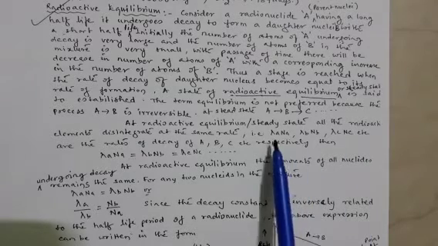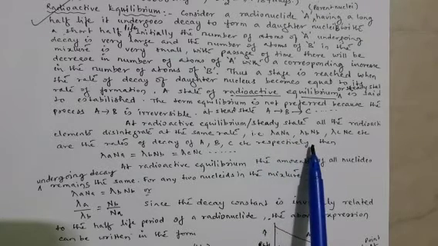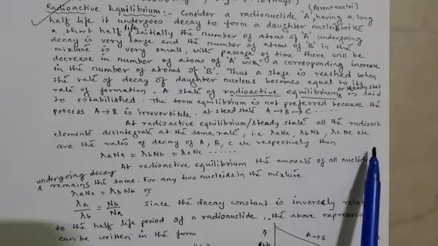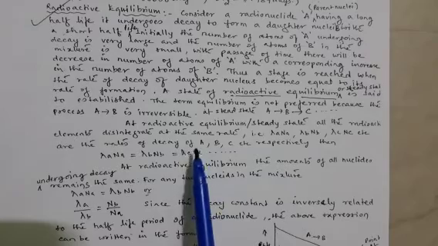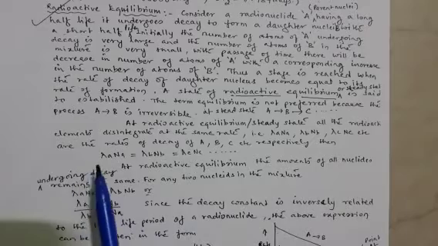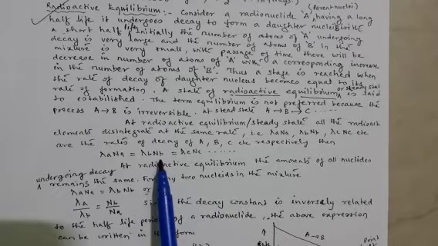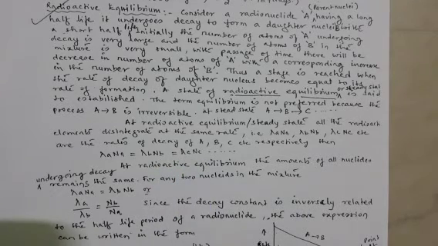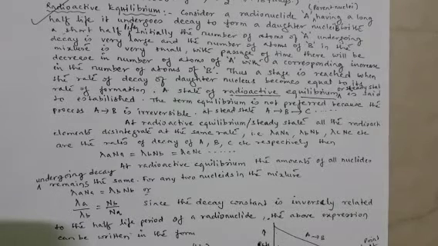So the disintegration rates lambda A of Na, lambda B of Nb, lambda C of Nc, etc., are the rates of decay of the elements A, B, C respectively. Then lambda A of Na is equal to lambda B of Nb is equal to lambda C of Nc. At radioactive equilibrium, the amounts of all the nuclides undergoing decay remain the same.